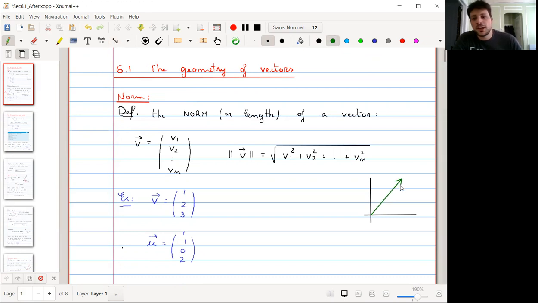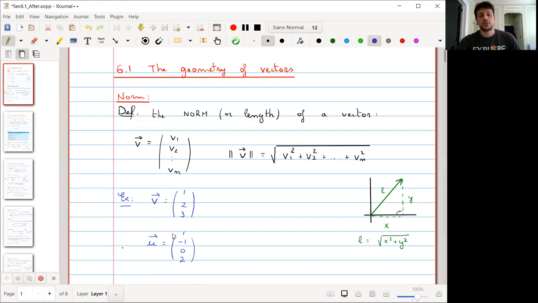By the Pythagorean theorem, the length of that arrow, the norm of the vector, is given by its x component squared plus its y component squared, and of course under a root. So what we're doing here, defining the length of a vector, is a generalization of the Pythagorean theorem in the plane.